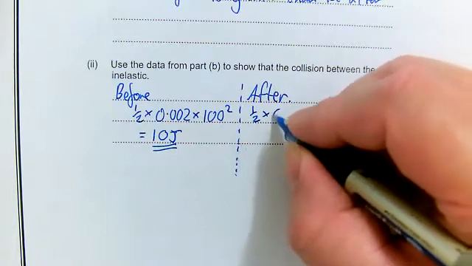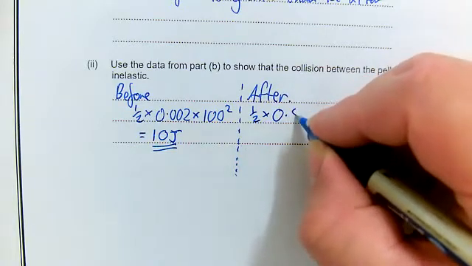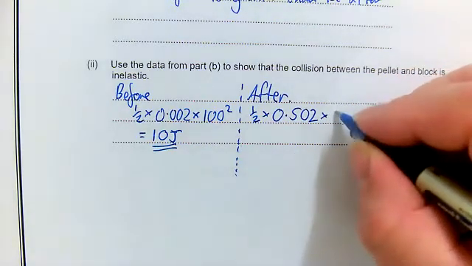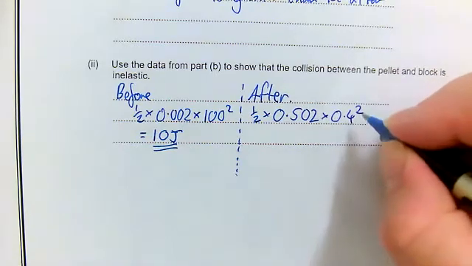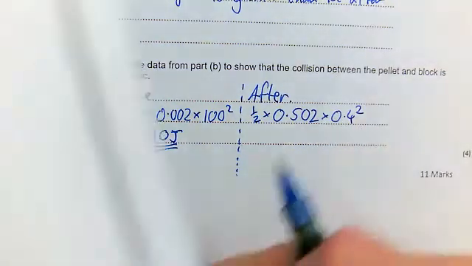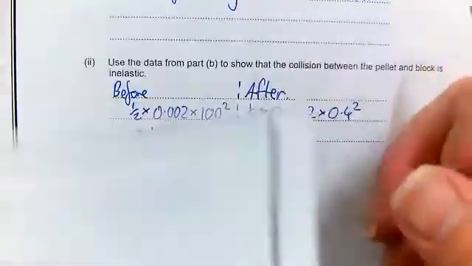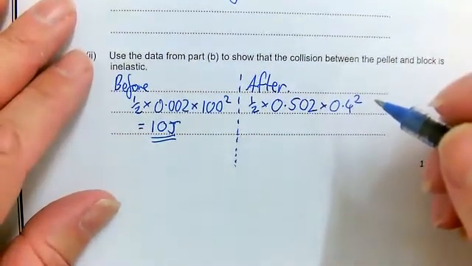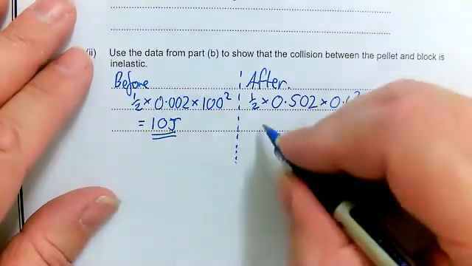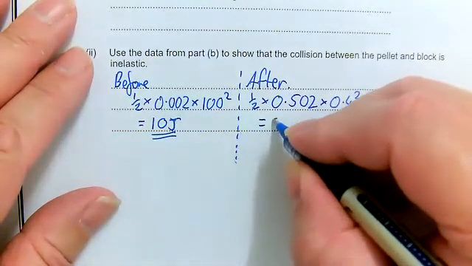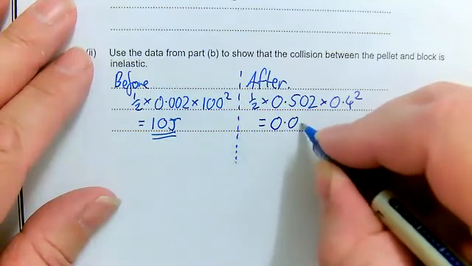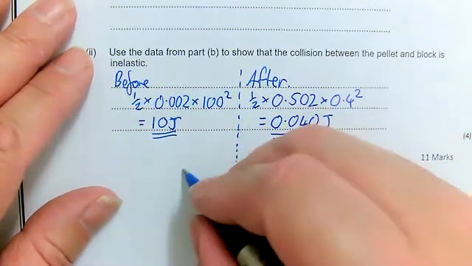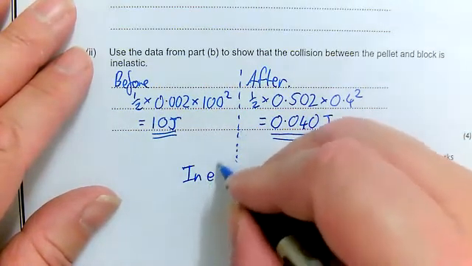Again, if you ignored the mass of the bullet, it's not a problem. 0.502 is the new mass, multiplied by its speed, which it told you earlier in the question is 0.4 meters per second. So we can plug that into the calculator. It comes out to be 0.04 joules. So it is inelastic.